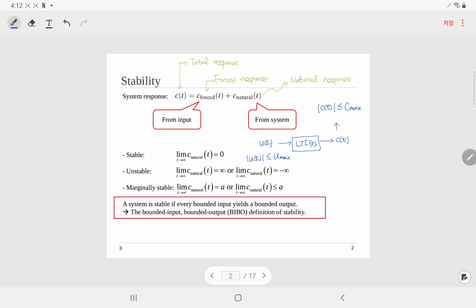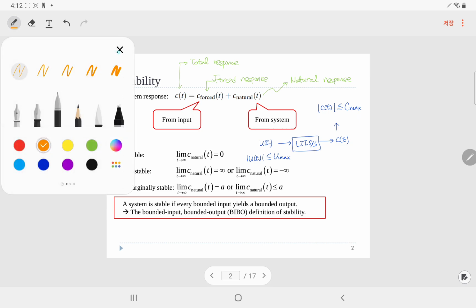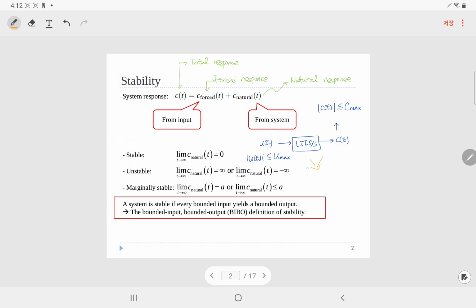So we can conclude that the natural response does not approach infinity. This means that c natural of t does not approach infinity as time t approaches infinity, because the total output c of t is confined by a certain value.